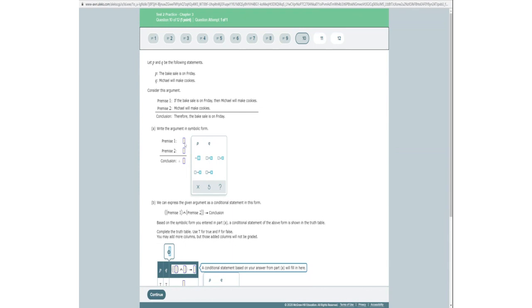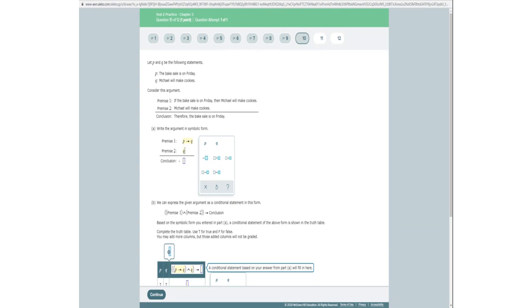So this is just if P then Q, and then this one is Q. You know, we'll be watching out here because we could save ourselves some work if you recognize some things. They're still going to want us to do the truth table, though.